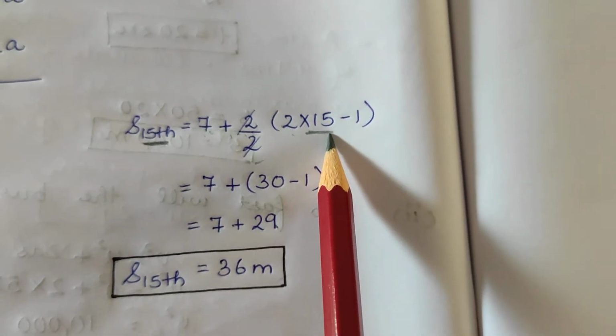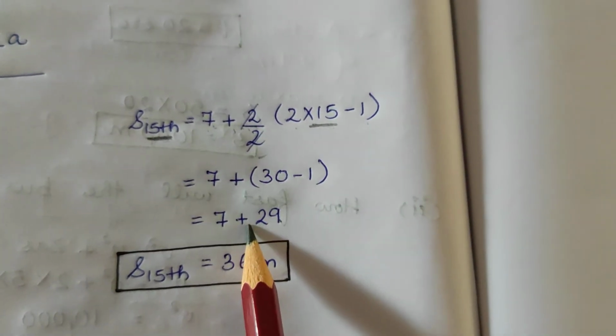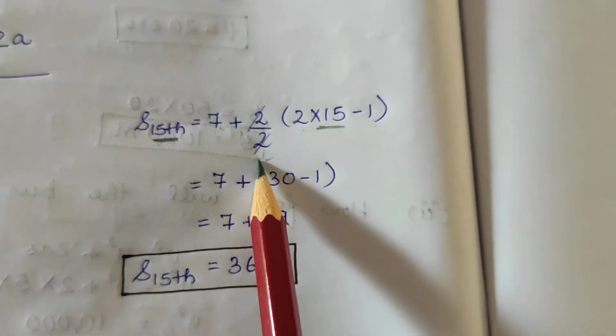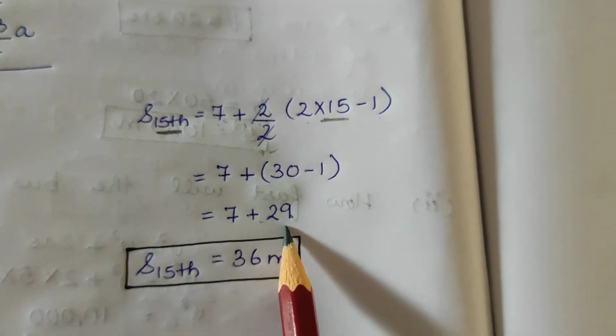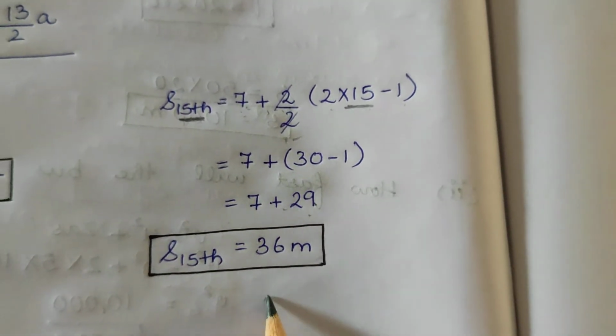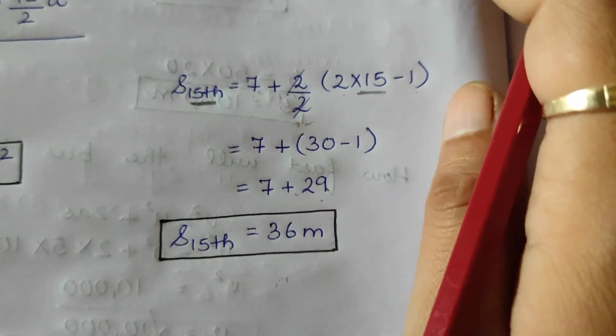So 2 into 15 gives us 30, 30 minus 1 is 29. The 2 and 2 get cancelled, and we are left with 7 plus 29. So s 15th will be 36 meter.